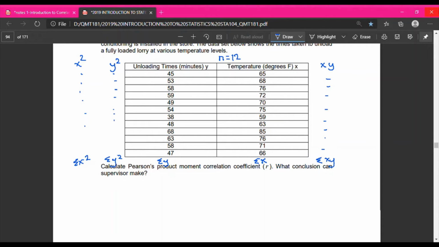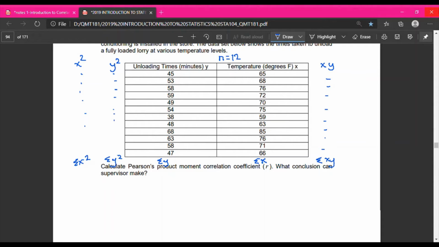Okay, so now we want to key in the values first. How do we key in the values? You must key in the value x first, then y. X, y. So 65, 45. Okay, after entering, you must press M+. Press M+, and it will appear n equal to 1. It means that you have keyed in one observation.